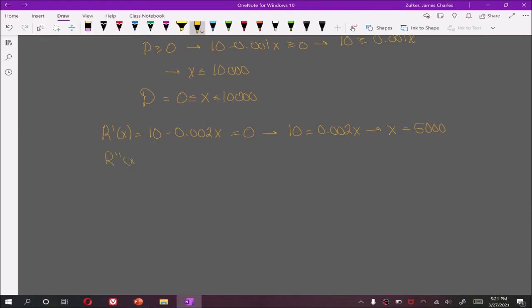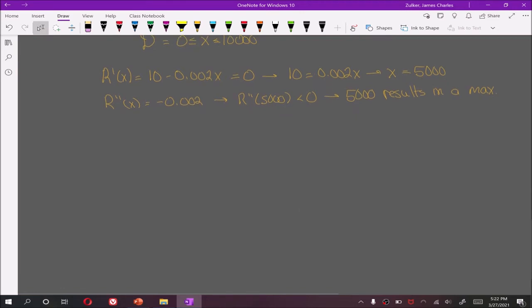R double prime of x is negative 0.002, which means that R double prime of 5,000 will be less than 0, and so the second derivative test says 5,000 results in a max. So 5,000 units maximizes revenue.